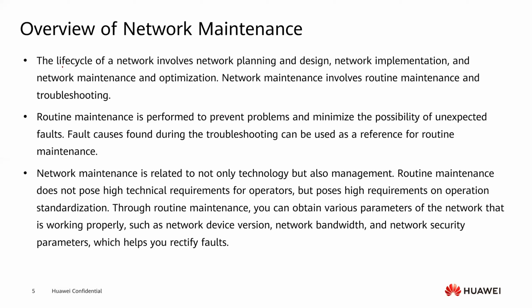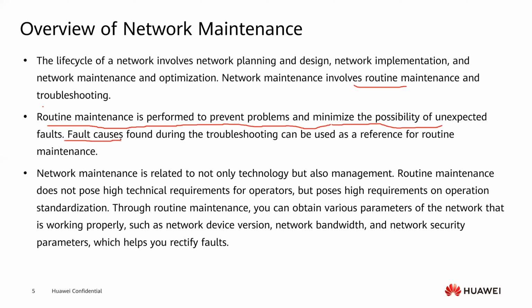Okay, the left side shows that a network involves network planning, design, implementation, and network maintenance and optimization. Network maintenance involves routine maintenance and troubleshooting. Routine maintenance is performed to prevent problems and minimize the possibility of unexpected faults.